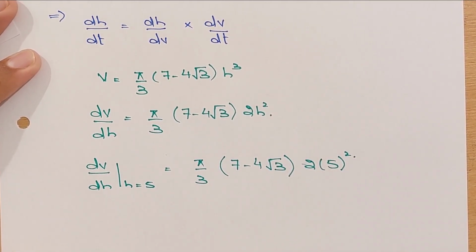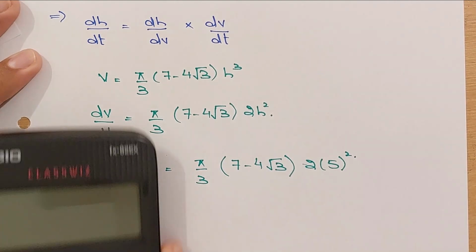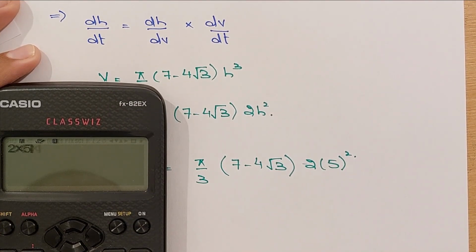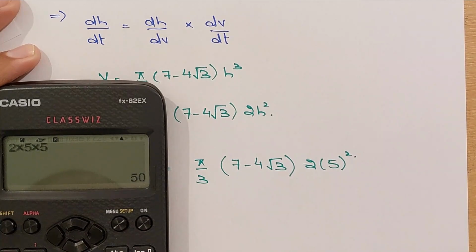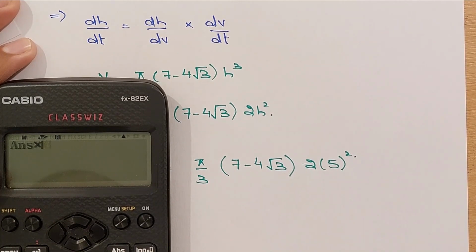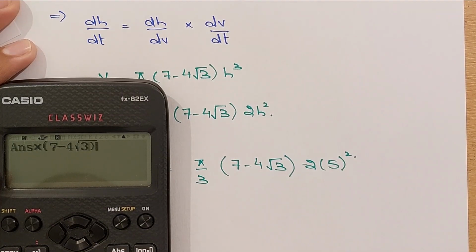Right. Let me simplify this. 2 times 5 times 5, dividing by 3 times pi and times the bracket 7 minus 4 square root of 3.